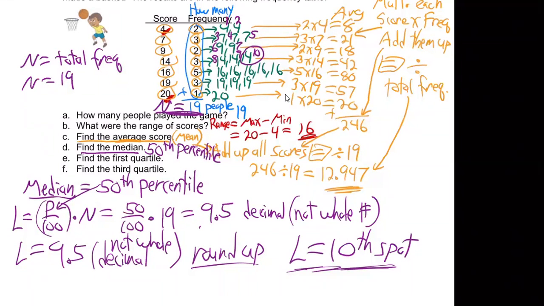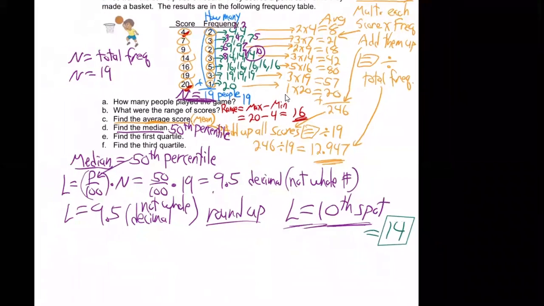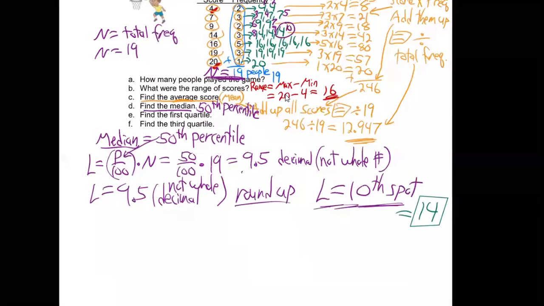The number in the 10th spot, right there. So the answer is 14. All right, that's the number in the 10th spot. Are we good going forward?